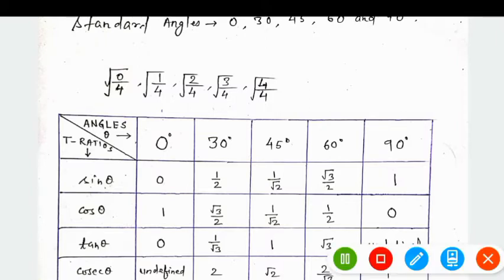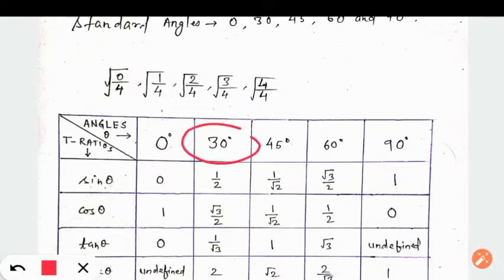Done. Now for the second one, 30 degree, take root over 1 by 4. What is the square root of 1? It is 1. What is the square root of 4? It is 2. So the value of sine 30 degree is 1 by 2.